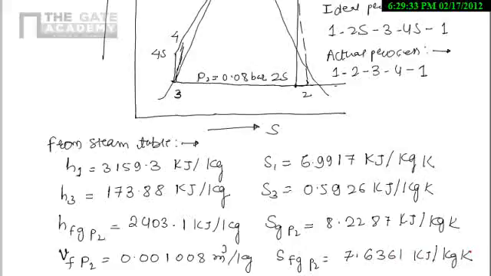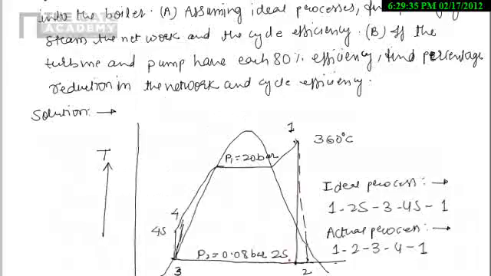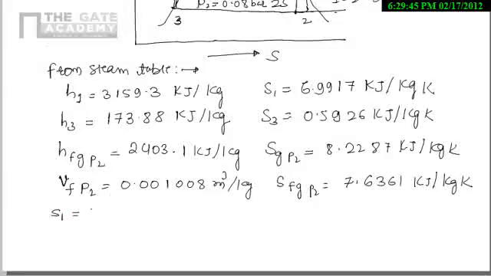So now if you see the process 1 to 2s, the entropy at 1 and 2s will be the same because 1 to 2s is isentropic expansion. So I can write s1 equals s2s equals 6.9917.